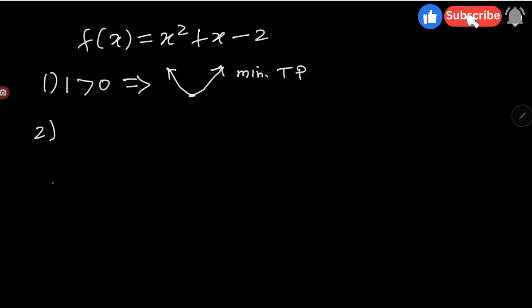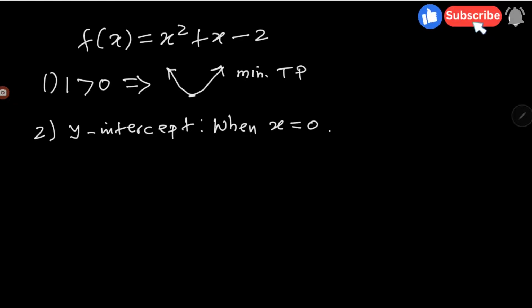The second thing is we can determine the y-intercept, or the point at which the graph is going to cross the y-axis. That point is realized when the value of x is 0.